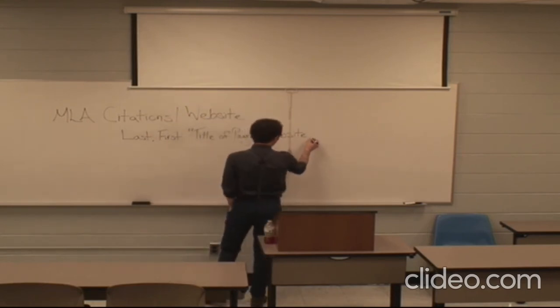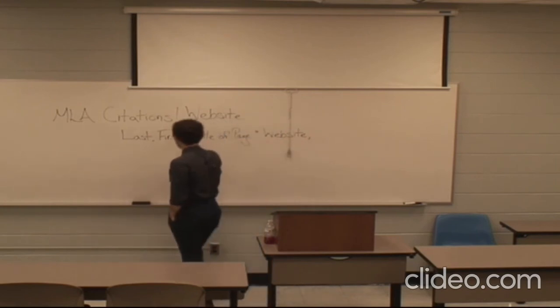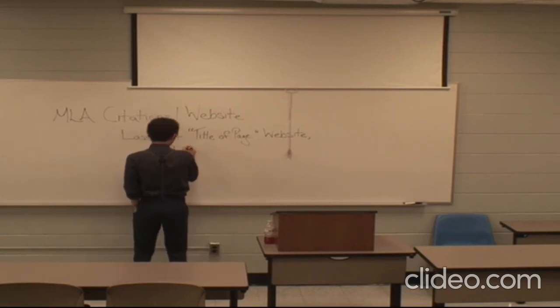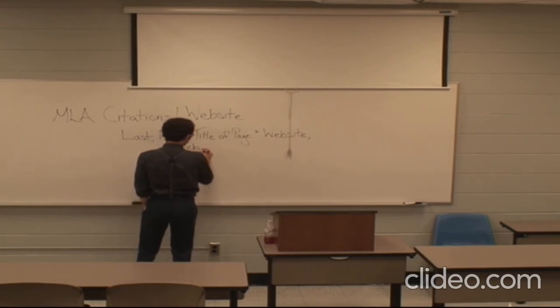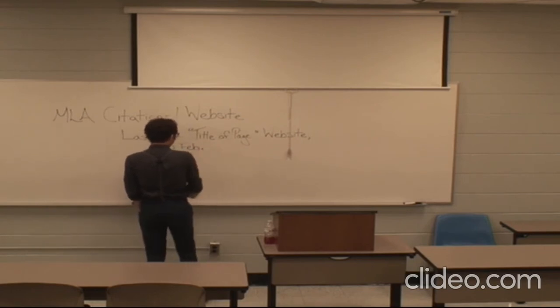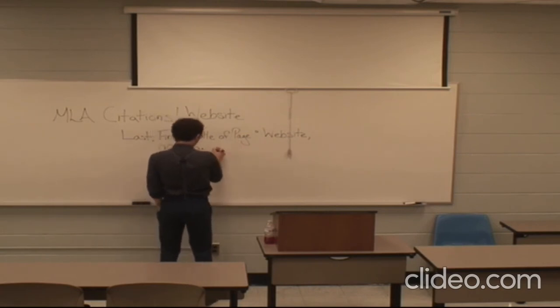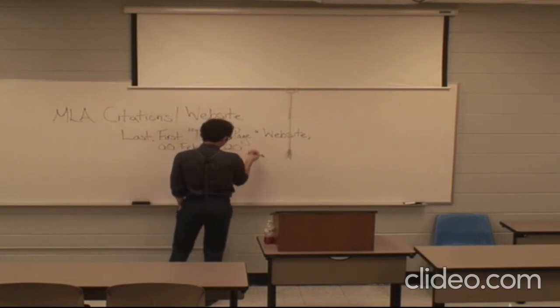So you'll have the website, then you'll have the date of publication. The general way to do that is just have the date, then the month. Usually the month will just be 3 letters, period, and then the year. So let's say February would be Feb, with a period, and then the year, 2020.